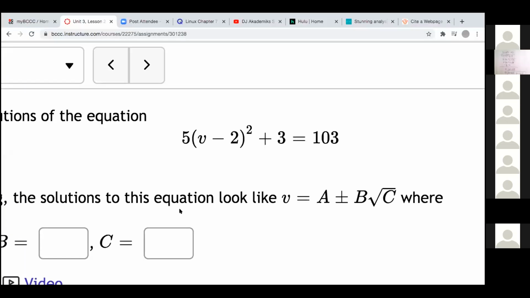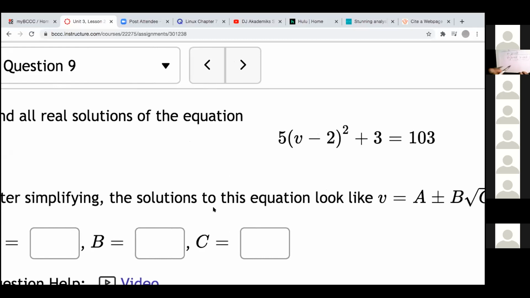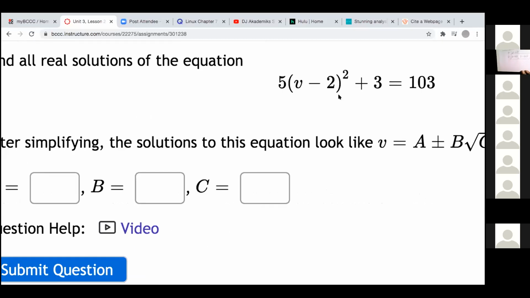Okay, so now, since the way this is written, I believe that's your A. That'd be your B. And this square root of 5, I guess you can do it here as well. That would be your C. So you go ahead and try that, Michael.